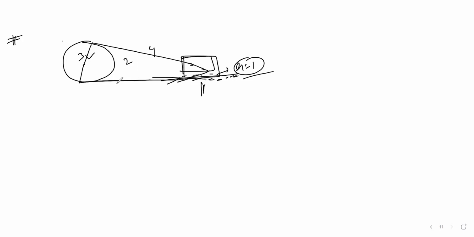So this is the first one, this is the 2, this is the 3. And there is one joint here in between these two. And there is a higher pair there, so that is 1.